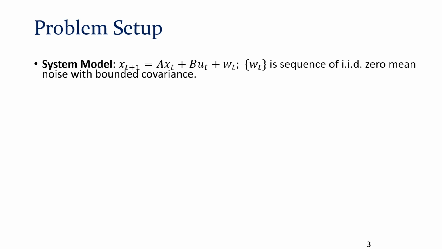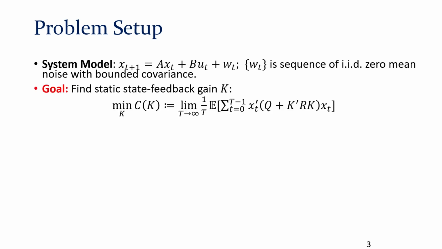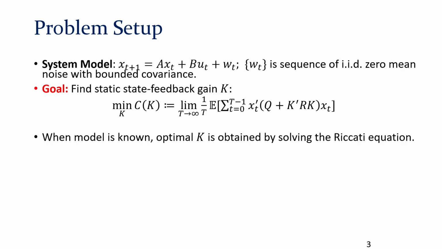We're going to consider an LTI system that's affected by additive noise, where the noise is IID, zero mean, with bounded covariance. And our goal is to find the state feedback controller that minimizes the standard LQR cost. Now if the model of the system is known, we can find this controller using the celebrated Riccati equation.